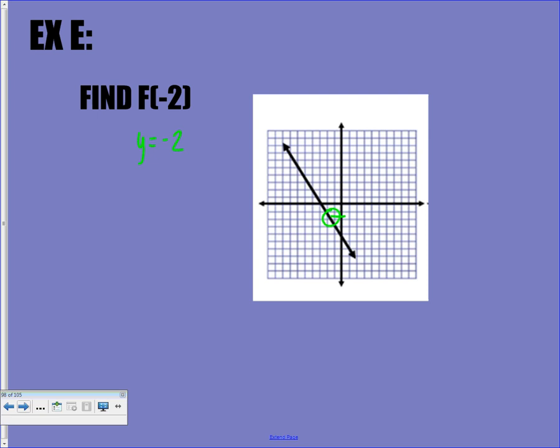Maybe that's closer to -1, because this ordered pair is -1, -2. You probably can't see that. So I wanted to know when y was -2. Well, that's when x equals -1. So you're just reading a graph backwards.